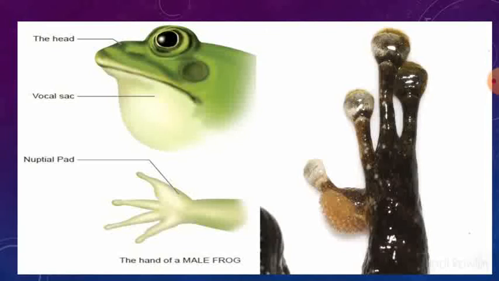Vocal cords are found only in male frogs and absent in female. So the male has a nuptial pad, and males produce a croaking sound during the breeding season to attract the female frog for copulation.